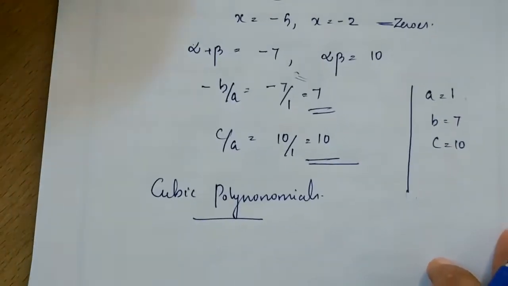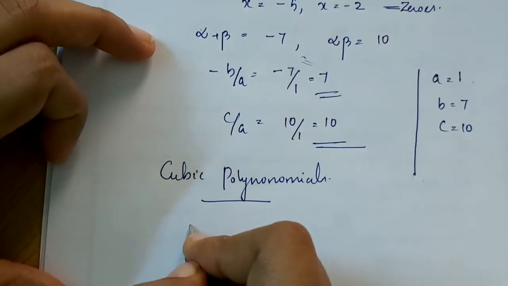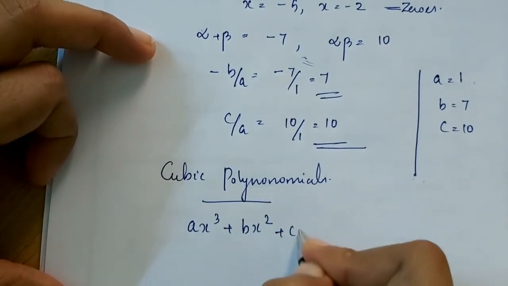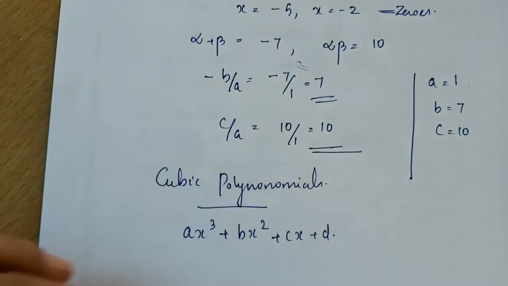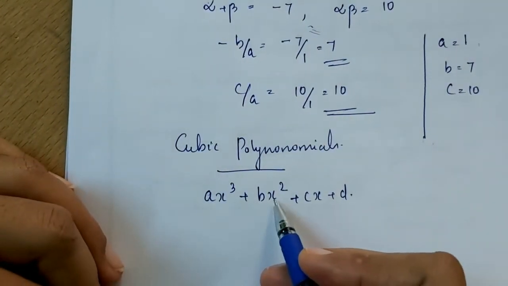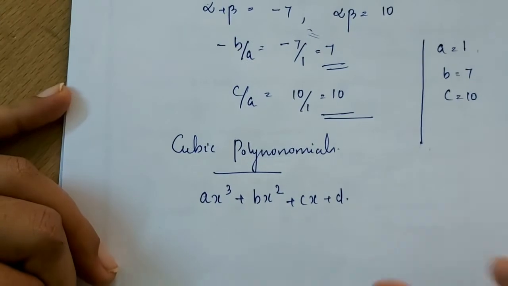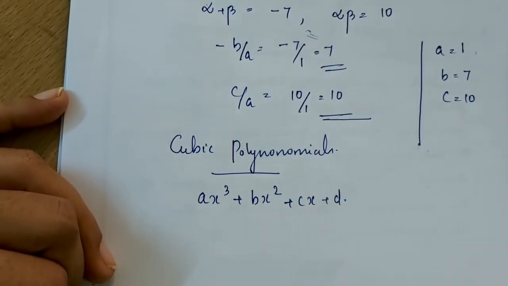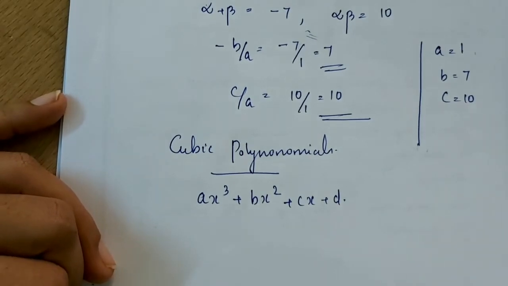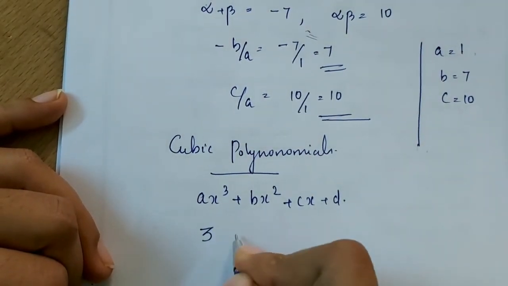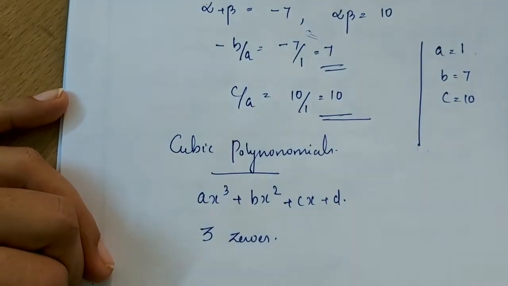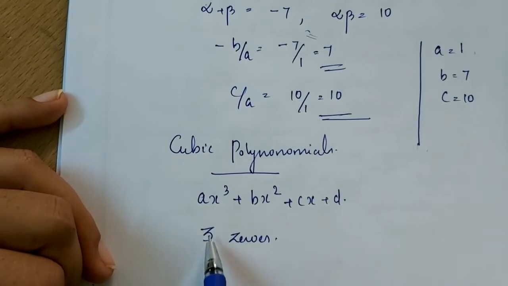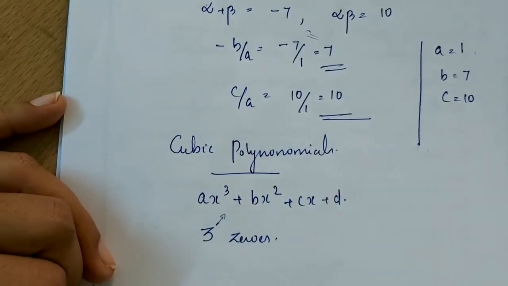For example, consider the polynomial format ax raised to 3 plus bx square plus cx plus d. Such forms of equations are called cubic polynomials. So the power is 3 here, hence it has 3 zeros, so 3 solutions. That is, a quadratic polynomial has 2 solutions, but a cubic polynomial has 3 zeros, so 3 solutions.